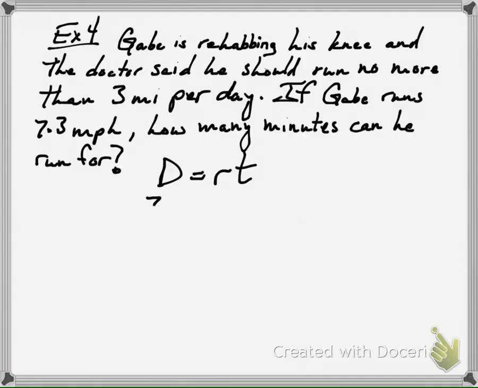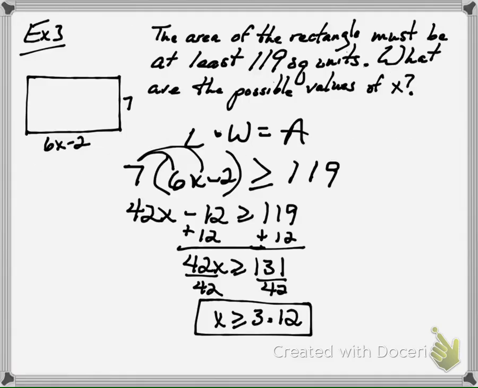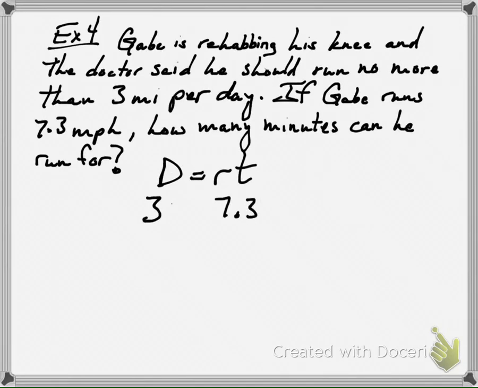That's a distance. And then my rate is 7.3 miles per hour. And let's see, what else do I need to know? I need t, but that's just going to be, oh, I'm skipping slides here. t is just going to be t.